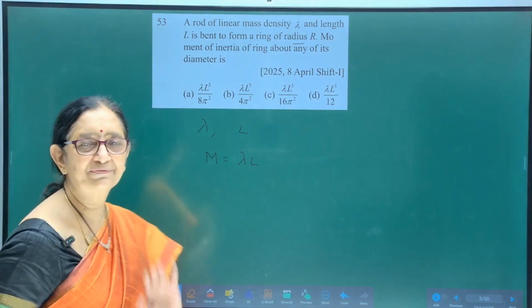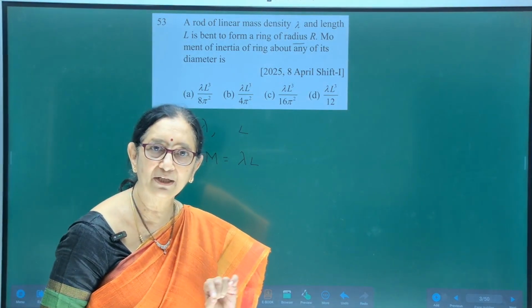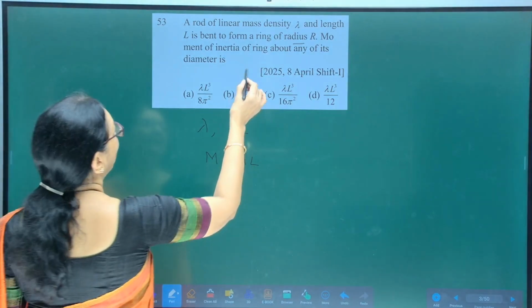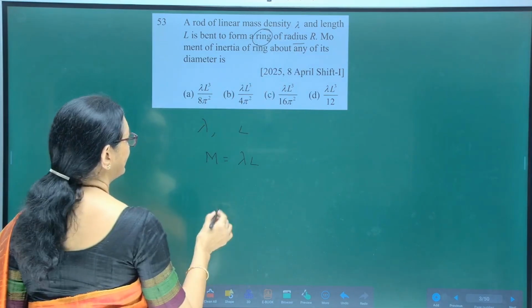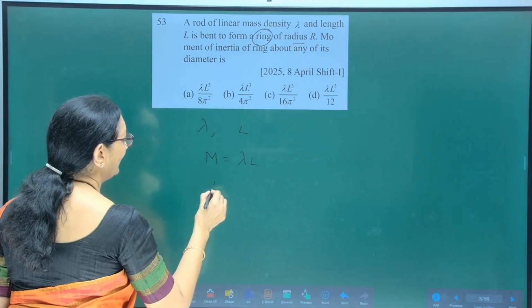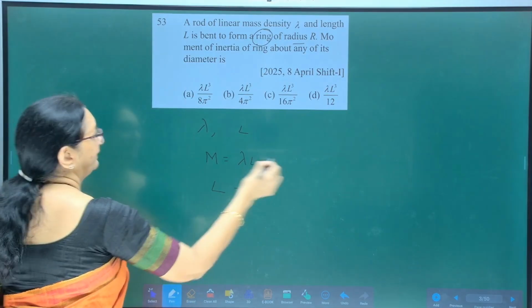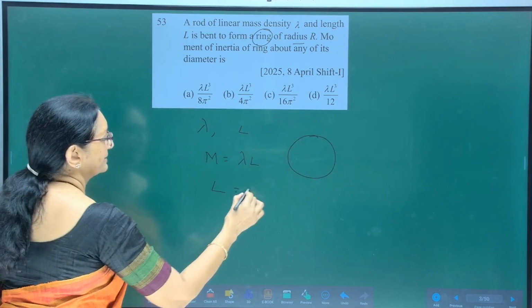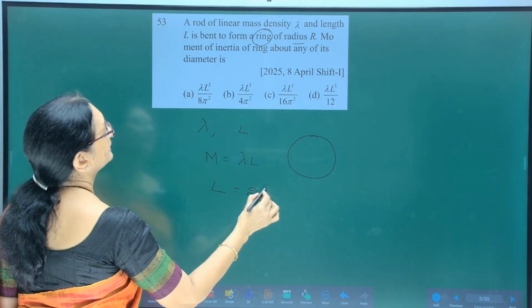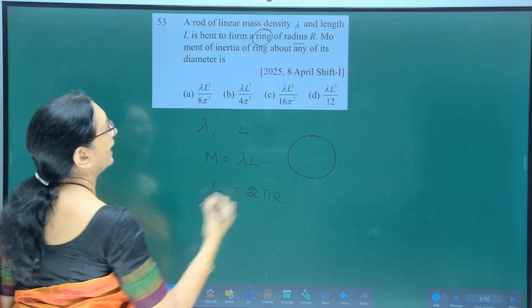So, mass of the given rod is lambda into L. It is bent into the form of a ring of radius r. So, the total length is L. If it is bent into the form of a ring, the perimeter is 2 pi r. So, L is equal to 2 pi r.